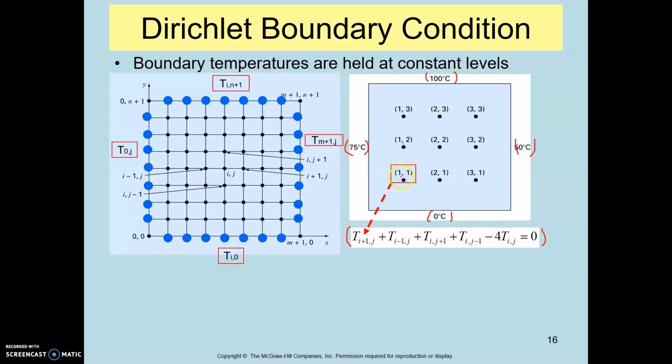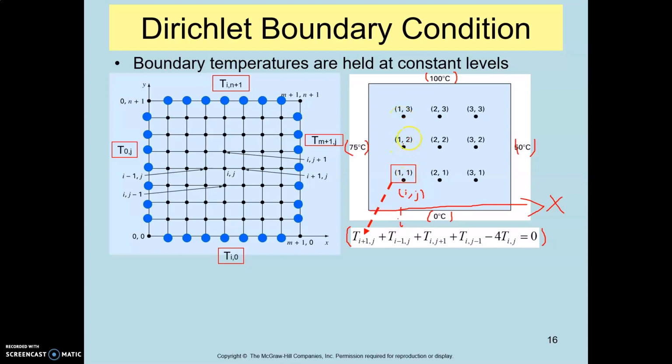We start with point number 1, which is 1, 1. So what does 1, 1 mean? It means that in the x direction, so this is our x direction, your location will be defined by i, j. So the i here is 1, okay, 1, 1.